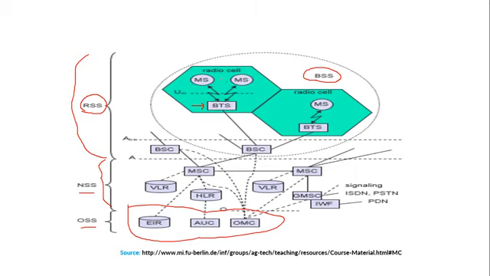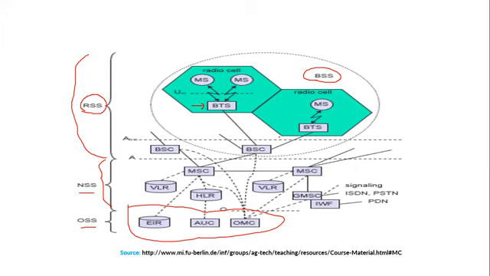The mobile stations will be connected with the BTS through an interface, and that interface is called the Um interface. All BTS will be connected to one BSC, which stands for base station controller.